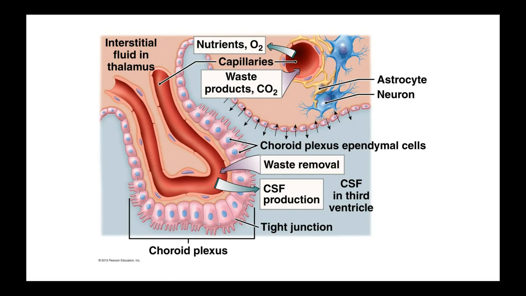So here you can get nutrients and CSF production, CSF being produced through filtration, with nutrients coming from the bloodstream, but also you can get removal of any waste products. So here's our nervous tissue up here. Any waste products that are generated in that nervous tissue can be exchanged into the cerebral spinal fluid, and then from the cerebral spinal fluid across these cells into the bloodstream to be removed.